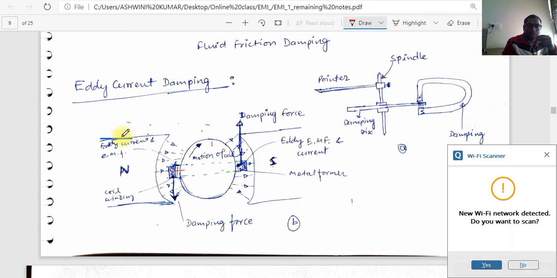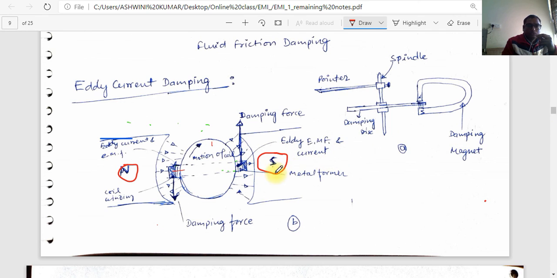If we take the permanent magnet, this side is N and this is S, and this is the disk, and this is the connection of the coil. This is a coil.